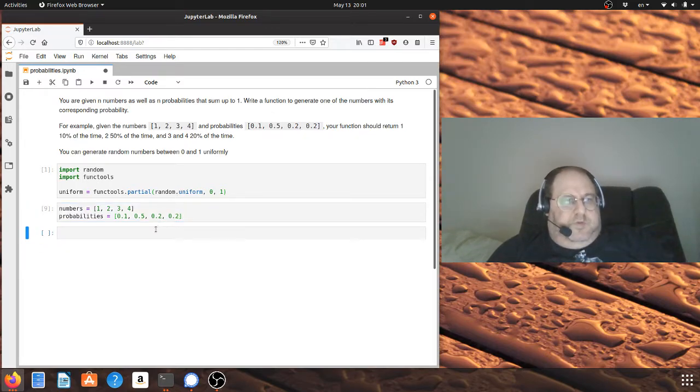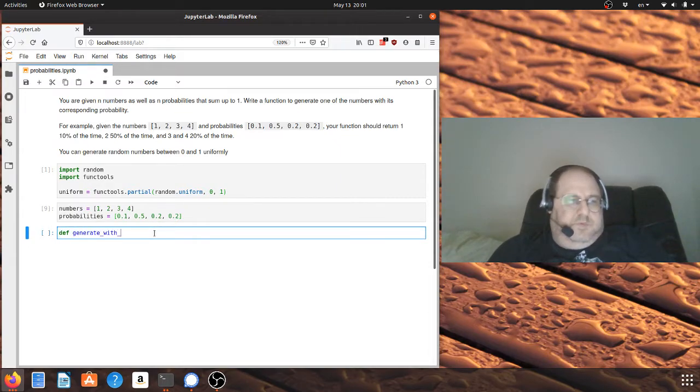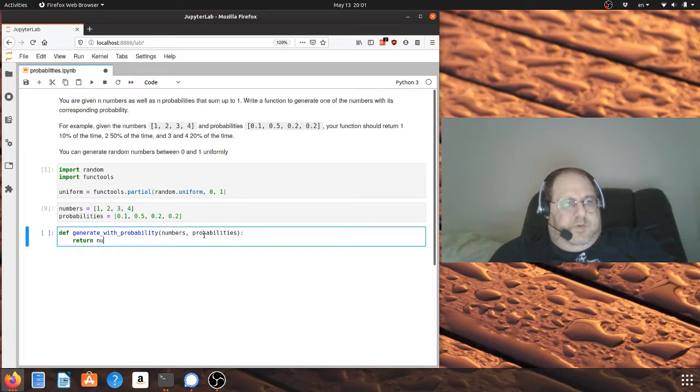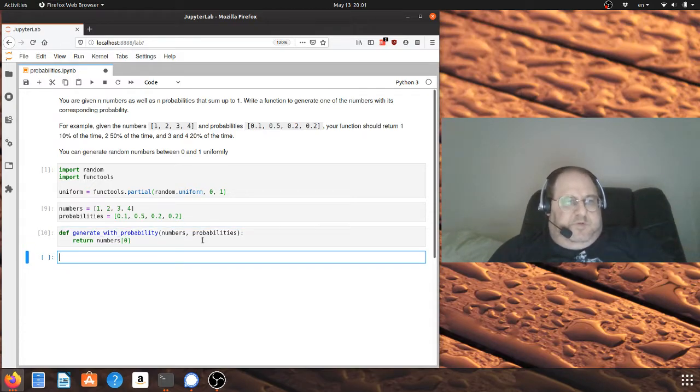Okay, so now, as always, I first like to get the shape of the function right. So numbers, probabilities. And for now, we'll just return the first one. This is just the shape of the function, but that will let us already play with it and see that the shape is right.